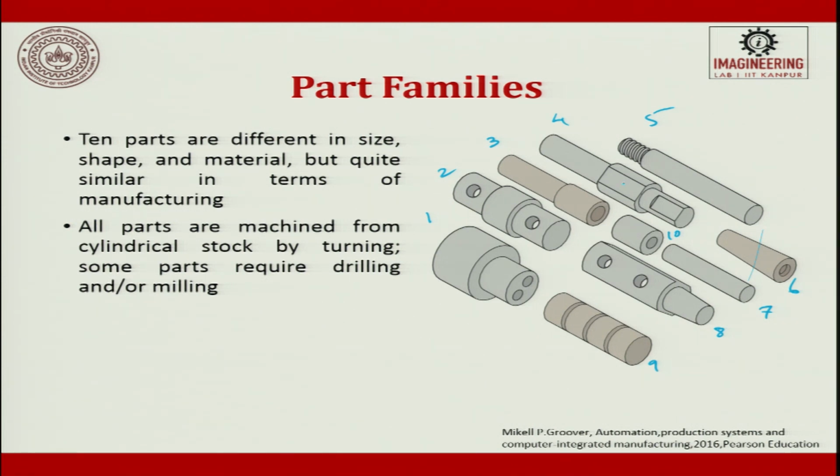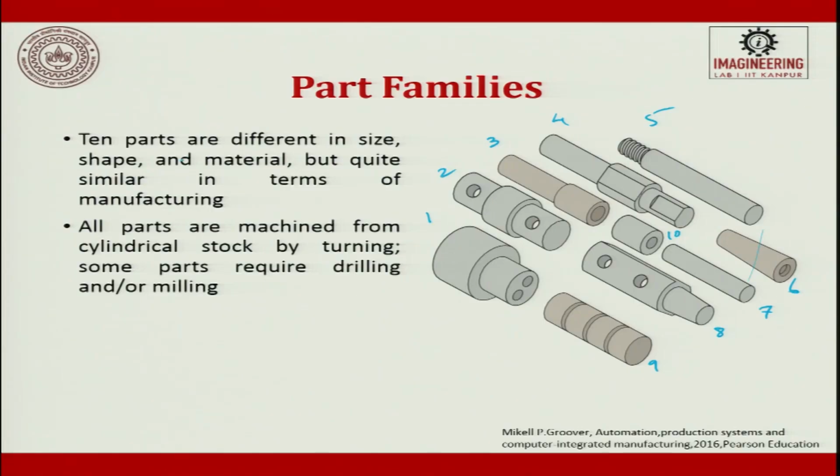Then when we have to make a flat surface on a cylindrical surface, naturally you need a milling machine. The 10 parts are completely different, but they are classified under one group, maybe I can call it a turning group. Every part can be made in a lathe machine or in a turning machine of a CNC, right.